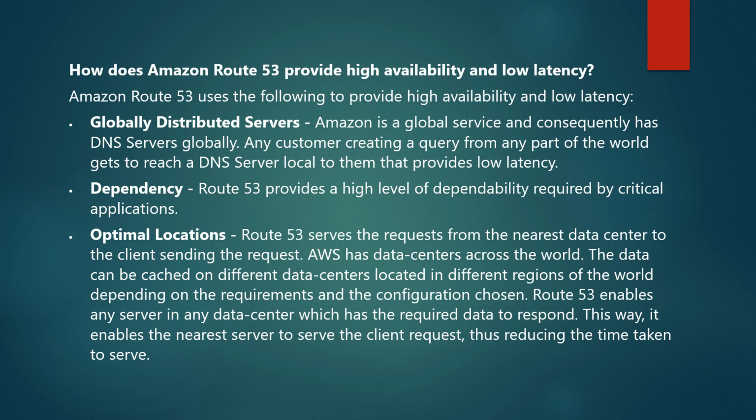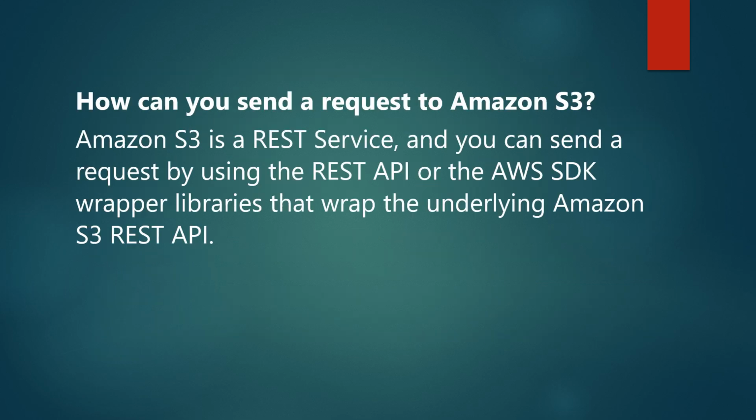The data can be cached on different data centers located in the different regions of the world depending on the requirements and the configuration chosen. Route 53 enables any server in any data center which has the required data to respond. This way, it enables the nearest server to serve the client request, thus reducing the time taken to serve.